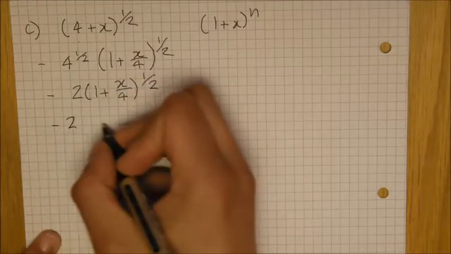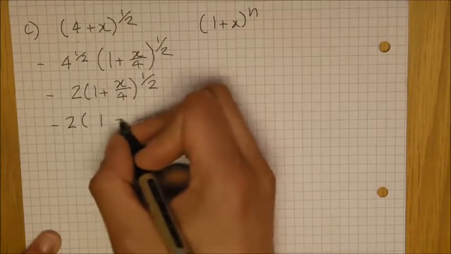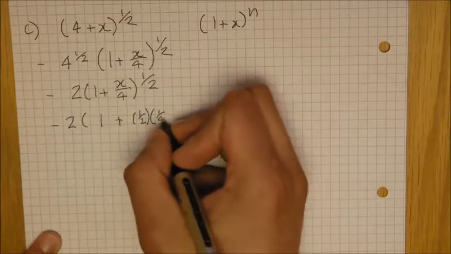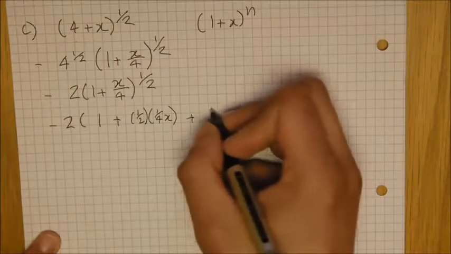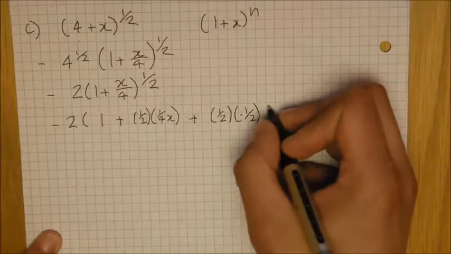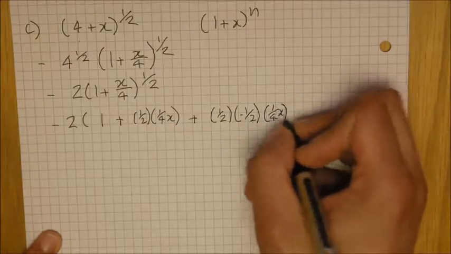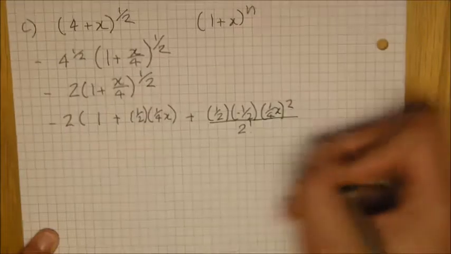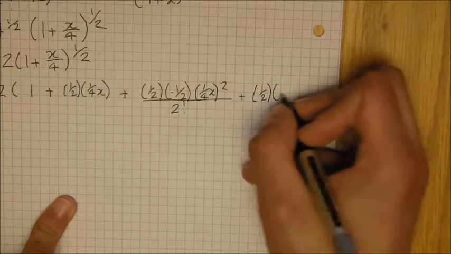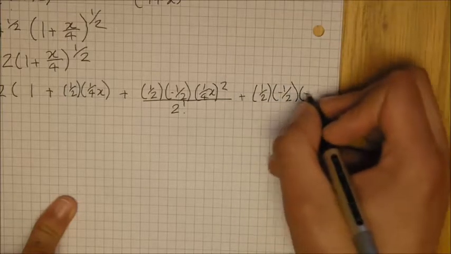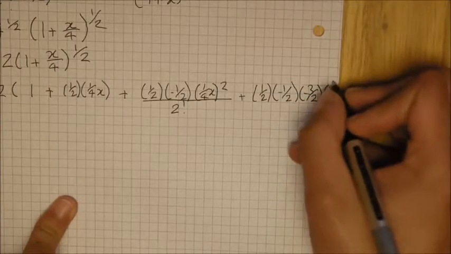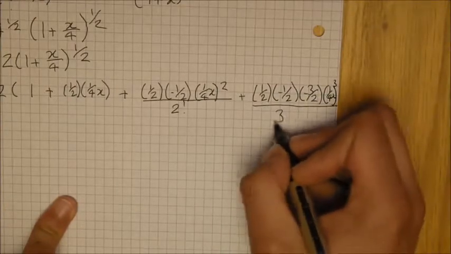So in this case we're going to have 2 lots of 1 plus 1 half 1 quarter x plus 1 half minus a half 1 quarter x squared over 2 factorial plus, oh look, we can even fit it on one line here, 1 half minus a half minus 3 over 2, I can just fit it on, 1 quarter x cubed over 3 factorial.